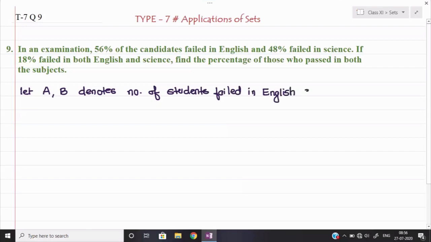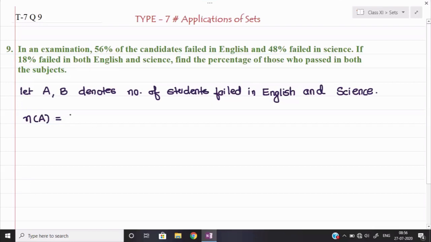English and science. Okay. Now, first of all, analyze what we have given here. N of A is equal to... See, how many are failed in English? 56%.